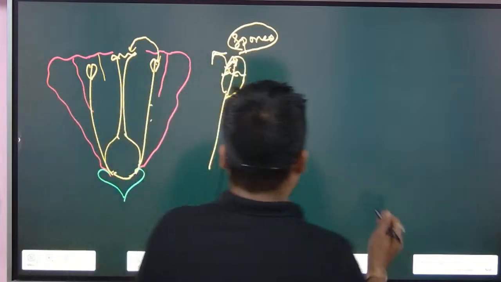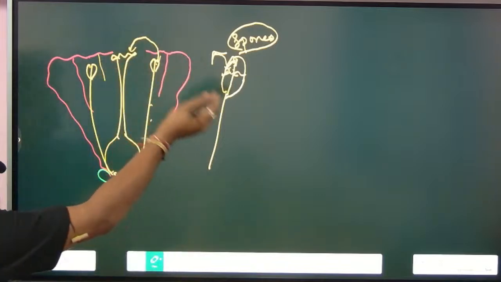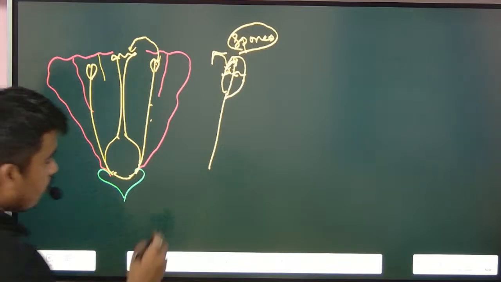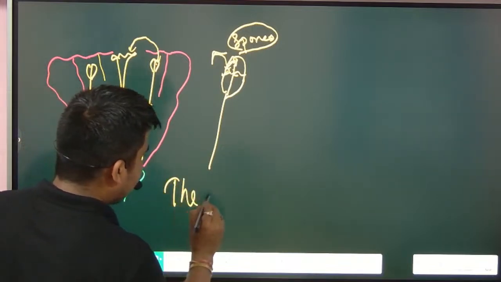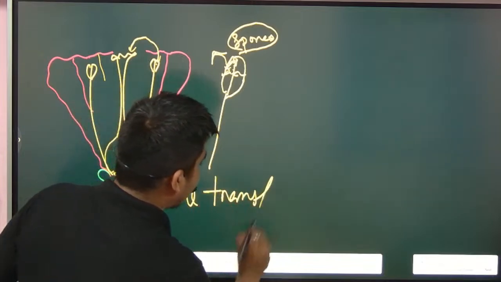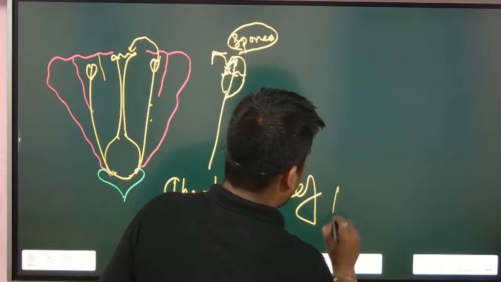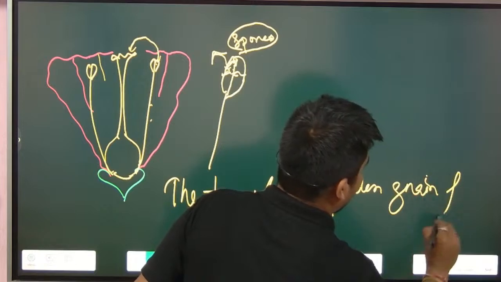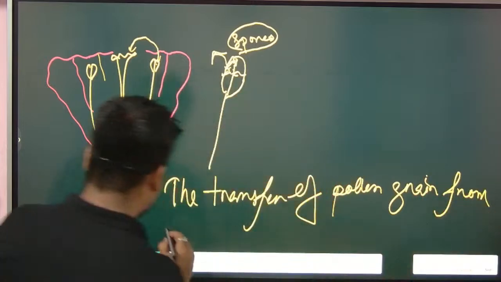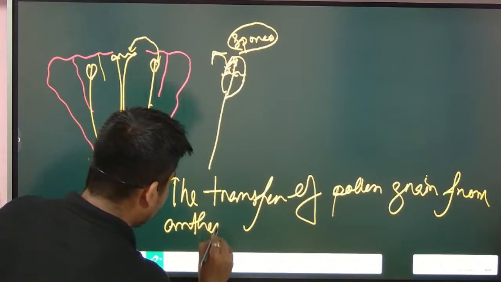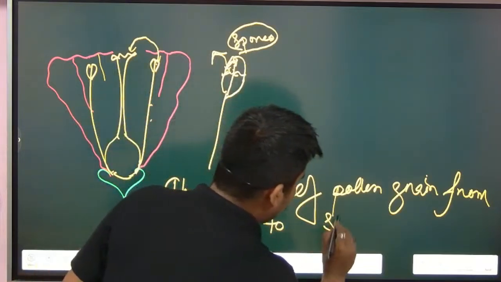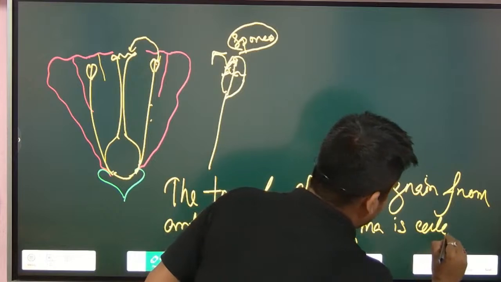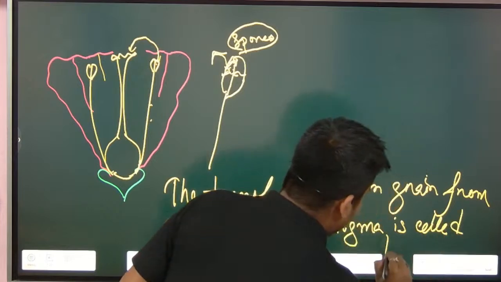So the transfer of this pollen grain to the stigma is called pollination. Write it down: the transfer of pollen grain from anther to stigma is called pollination.